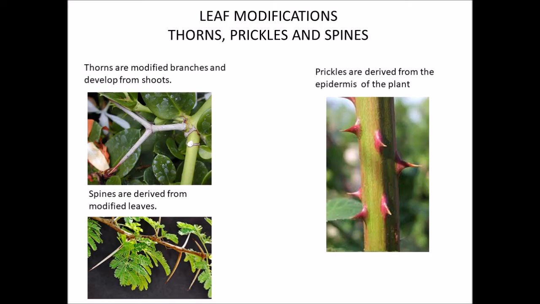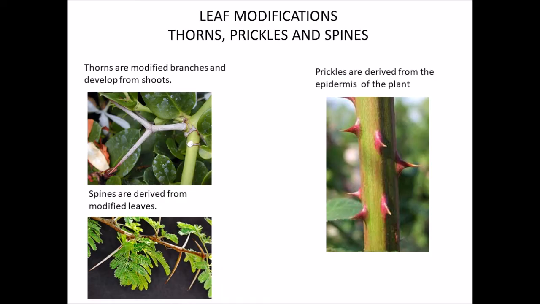Leaf modifications. Leaves might form spines. Spines are basically derived from modified leaves. The leaf has essentially developed into a sharp spine. Thorns and prickles are not derived from leaves but are often confused with spines. A thorn is a modified branch and develops from a shoot, and a prickle is derived from the epidermis of the plant.